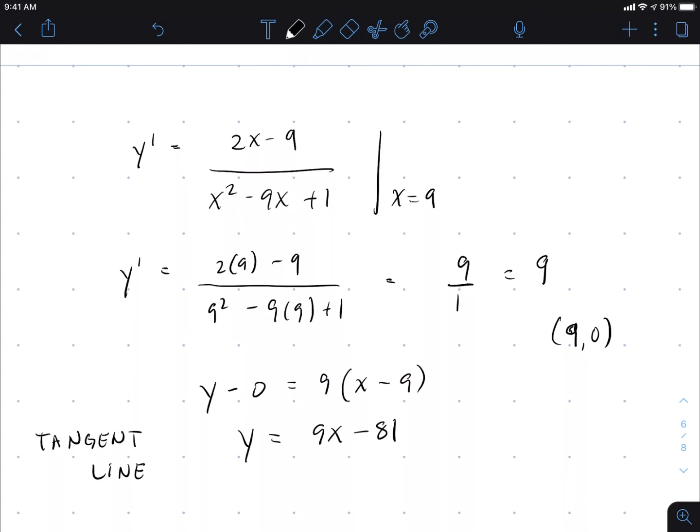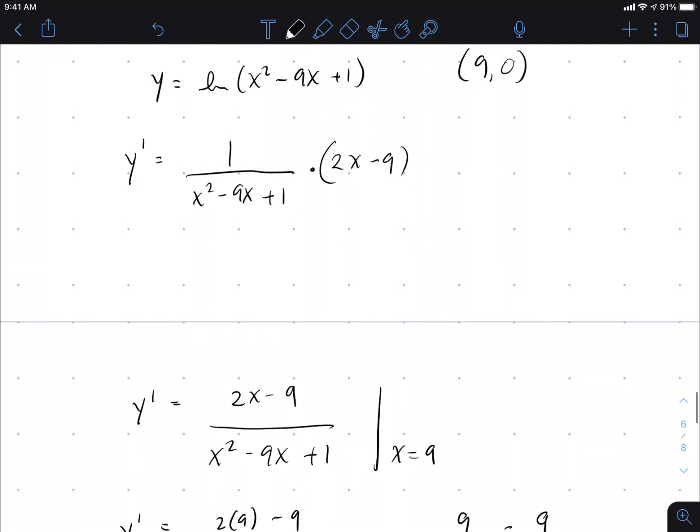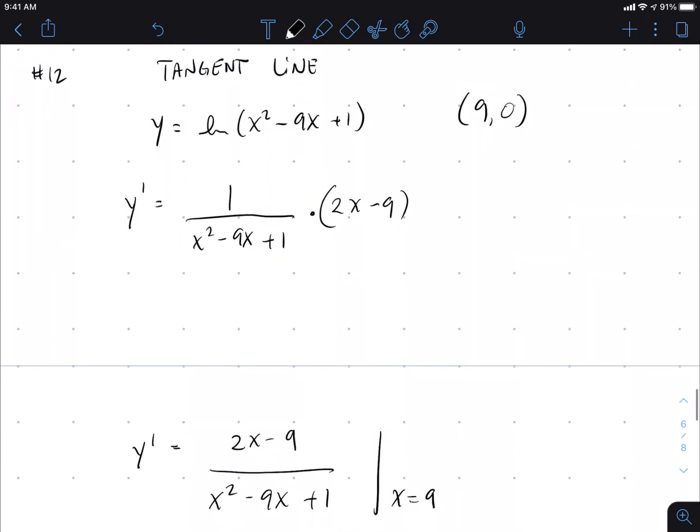Could you go back up to where you started the problem? On just the second step, I got those two of the 1 over, but I also had an extra natural log. Because this is the product rule, right? It's not the product rule. Wait, so what rule was it? It's natural log. There's no product here. It's the natural log of something.